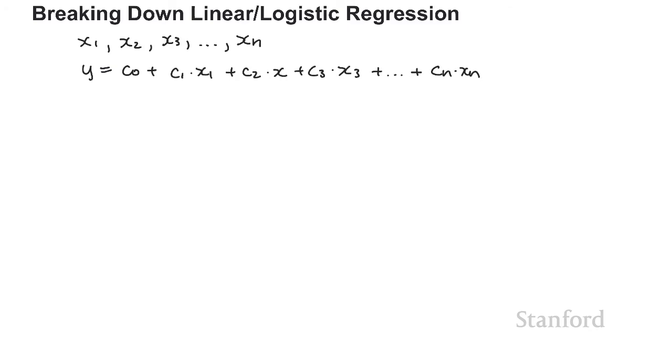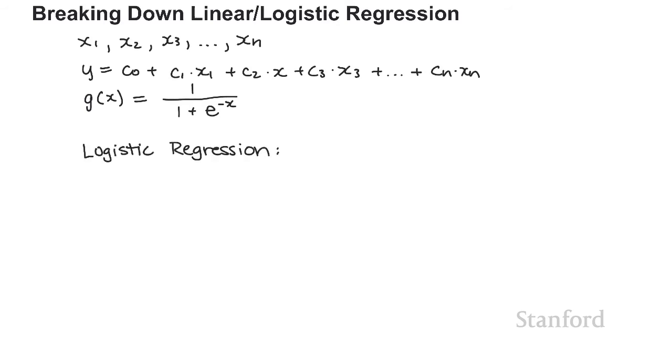The sigmoid function, which we'll call g over here, is given by the formula 1 over 1 plus e to the negative xth power, where e is Euler's number, which is approximately 2.718. And so for logistic regression, the prediction that you make is actually given by the formula y is equal to g with the value that we have up here passed in.